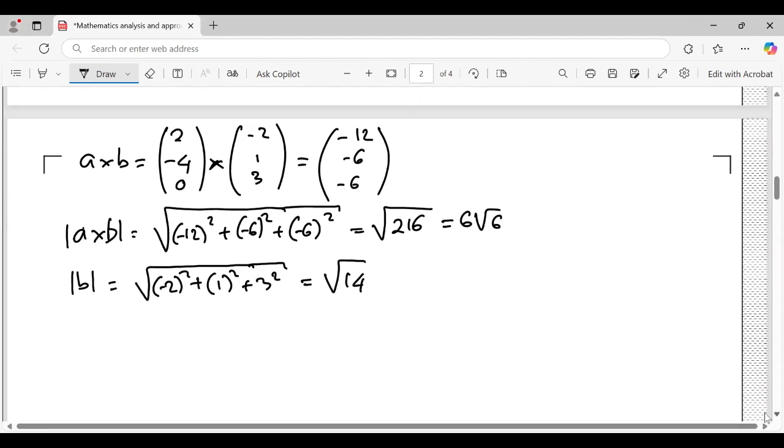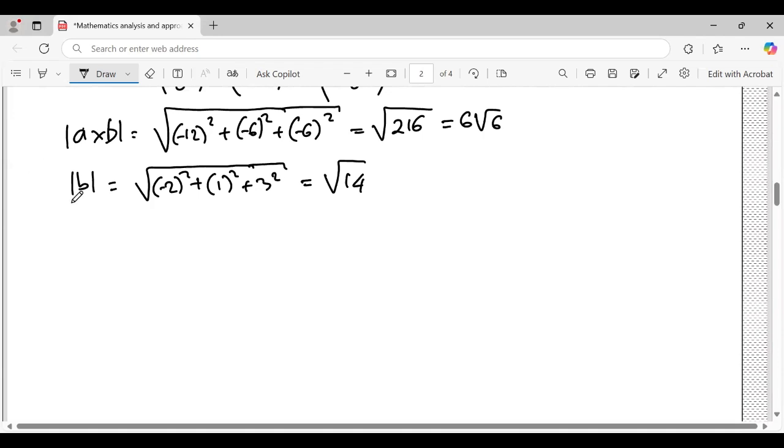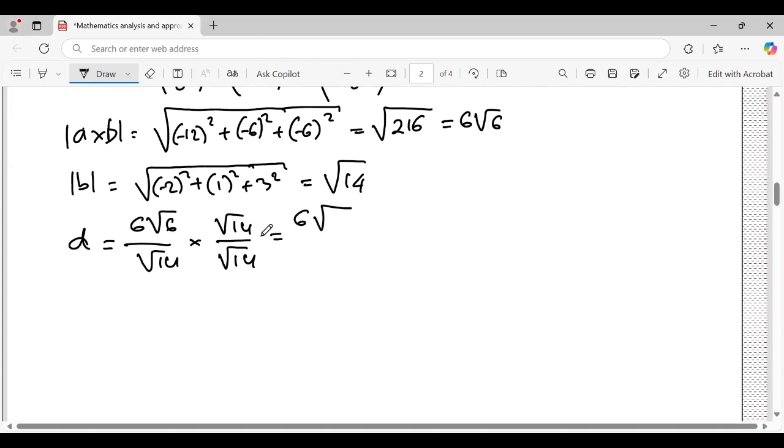So the distance is 6 square root 6 divided by square root 14, times square root 14 over square root 14. 6 square root of 6 times 14 is 84, over 14, and this is 6 times square root of 4 times 21 over 14.